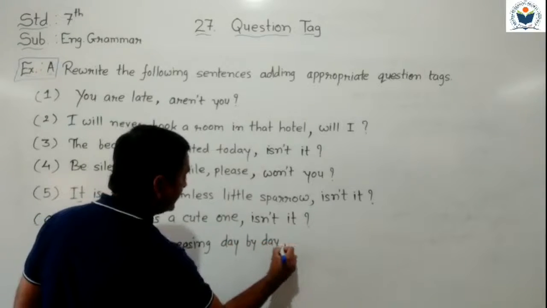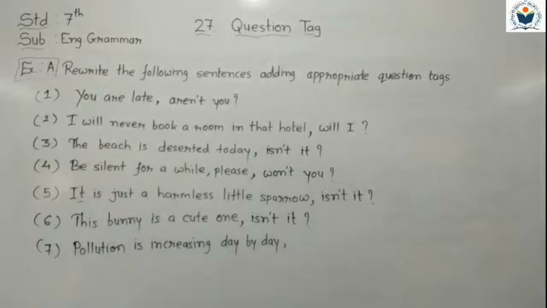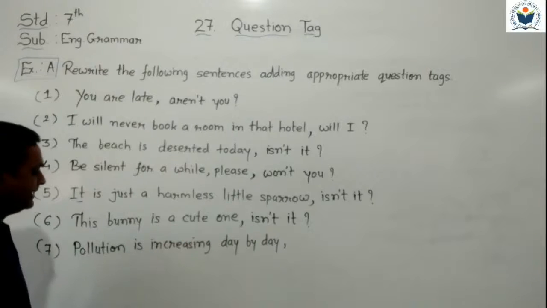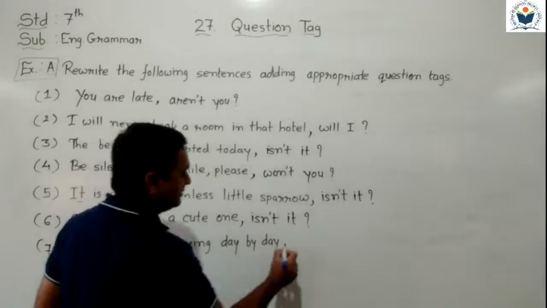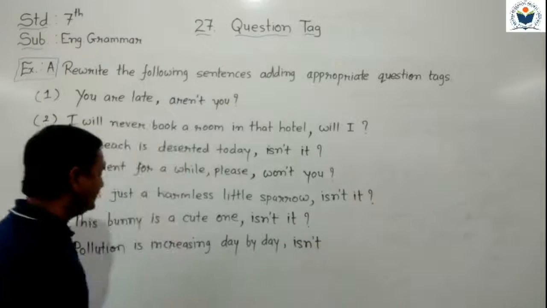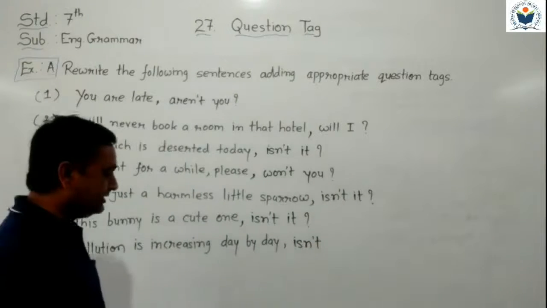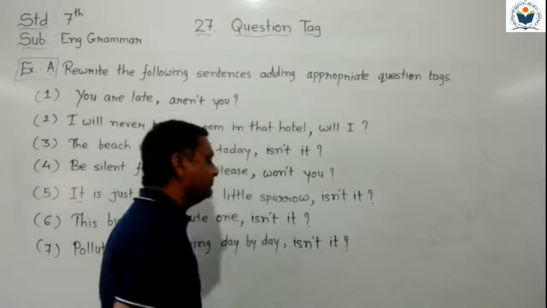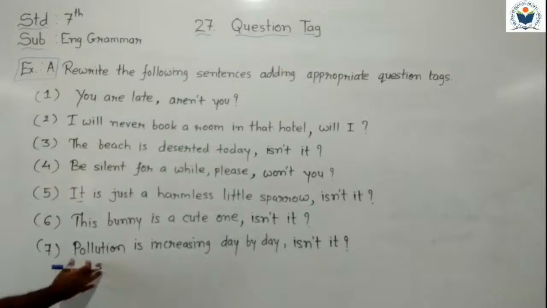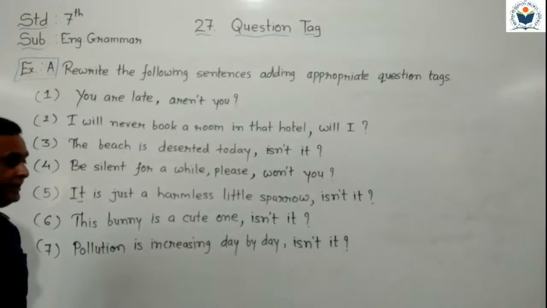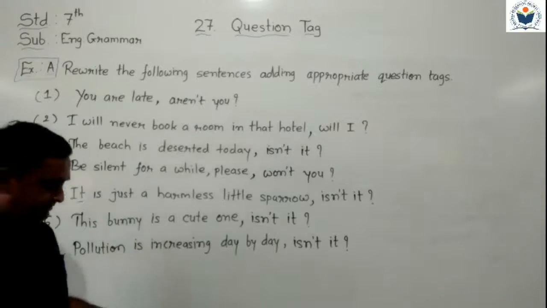Till here you have to write, then put a comma. Here the sentence is given in a positive sense. So what we have to put here? We have to put a negative question tag, isn't. Then pollution is considered a non-living thing, so we have to put it as the pronoun. So it should become: Pollution is increasing day by day, isn't it? Okay, understand student? Here our 7 sentences are over.